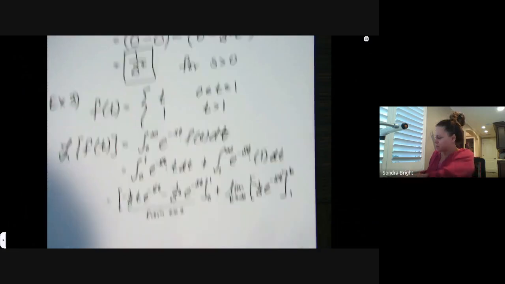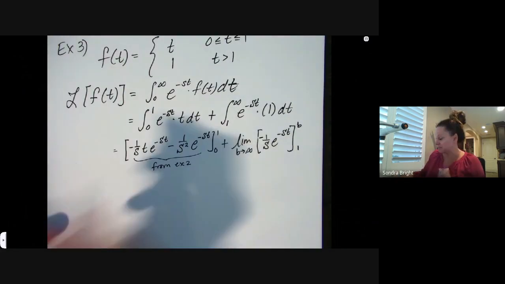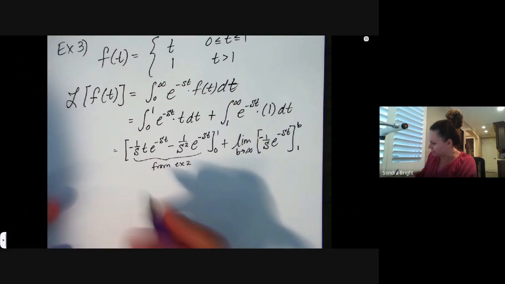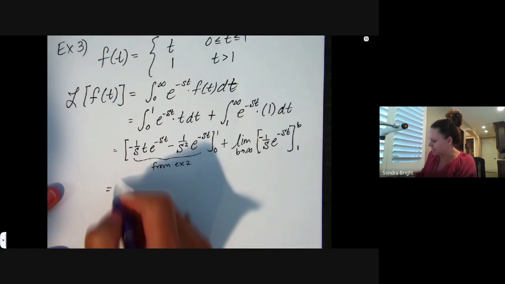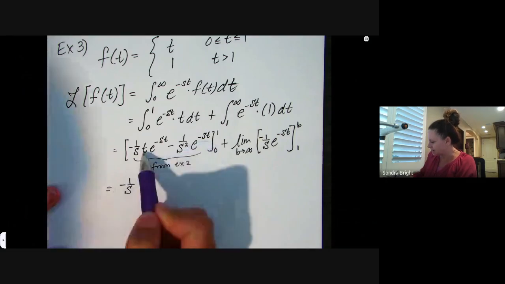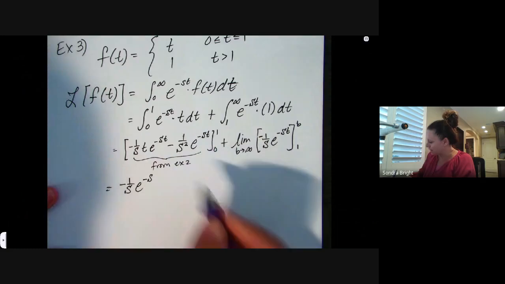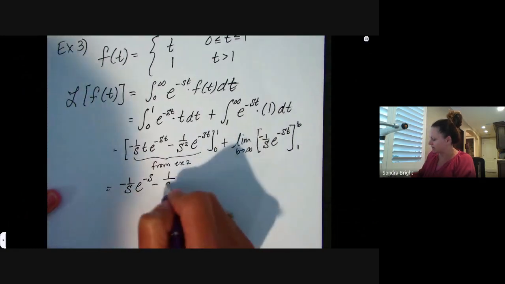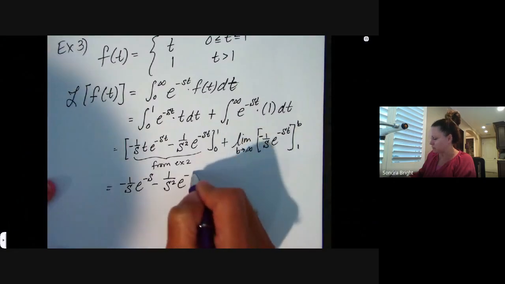Okay, so we're going to plug in a 1 first into t. Remember, these limits are going into t as if it was with respect to t. So when I plug in a 1 here, I'll have a negative 1 over s times 1 times e to the negative s, and then a minus 1 over s squared e to the negative s times 1.